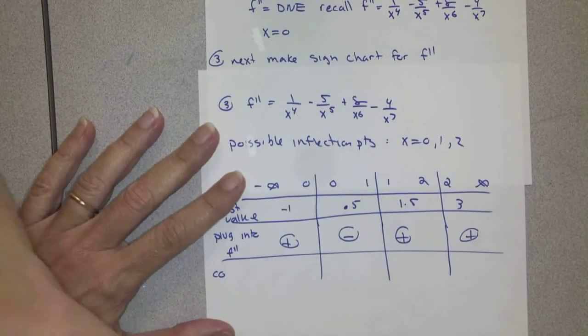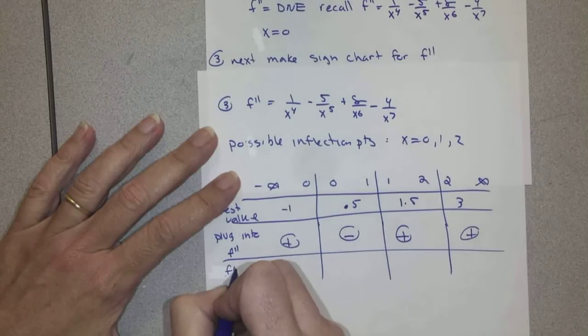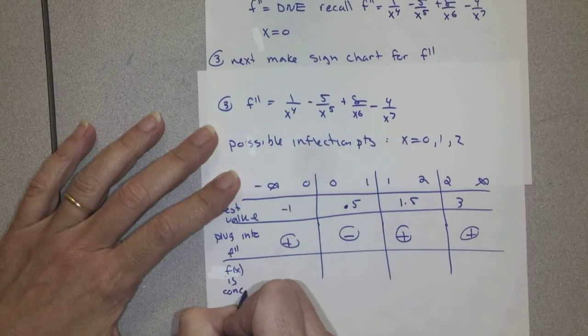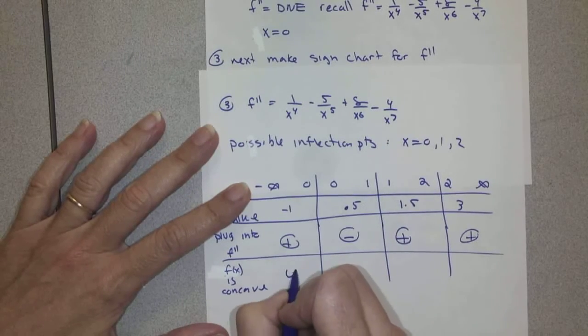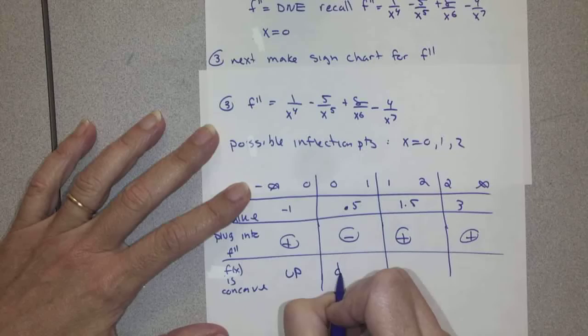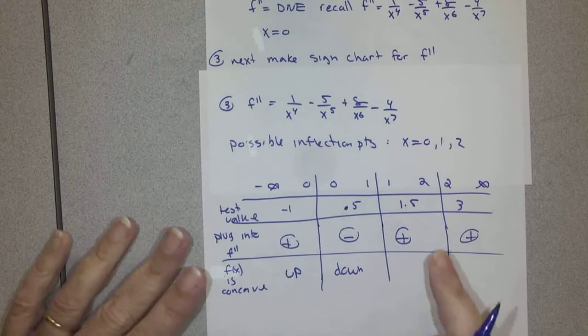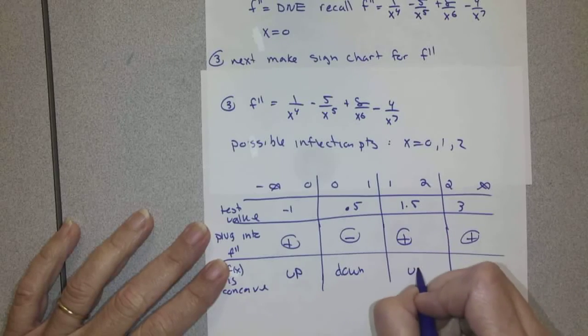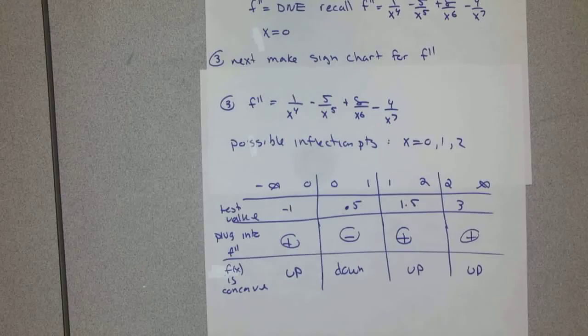So f of x, where my second derivative is positive, is concave up. Then my second derivative is negative, so it's concave down. Then my second derivative is positive, so it's concave up. And then it's still positive, so it's up.